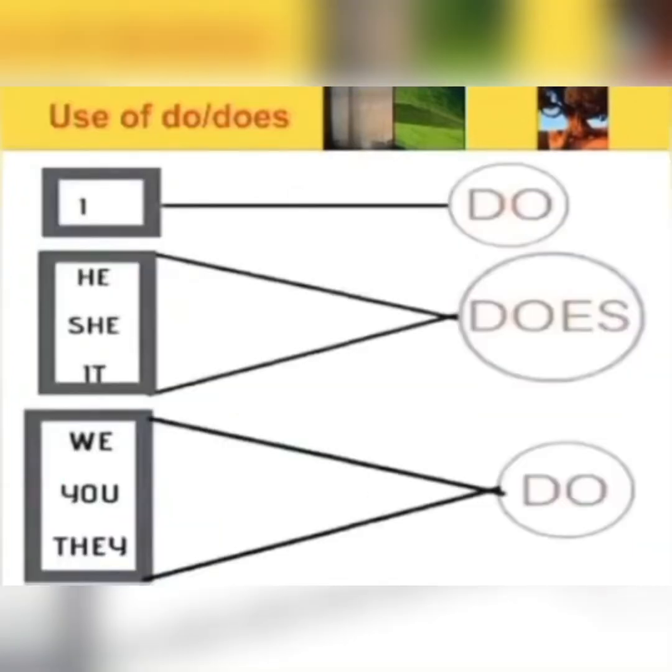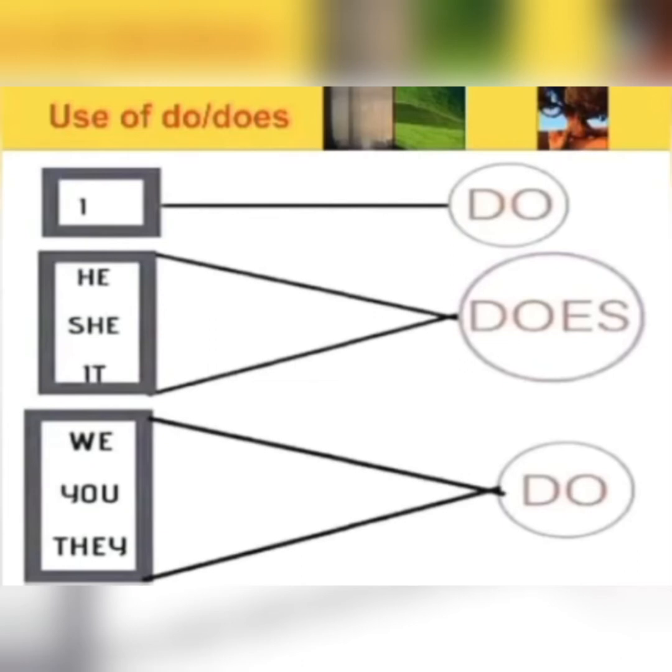Now let's look at the use of do or does. These are very important auxiliary verbs, as they help you when the common auxiliary verbs are also not there, and they help you to convert a sentence into negative and interrogative sentences, right? So do and does play the most important role as auxiliary verbs.